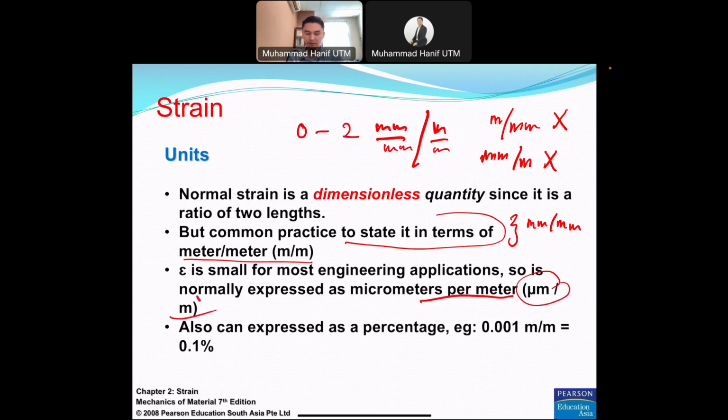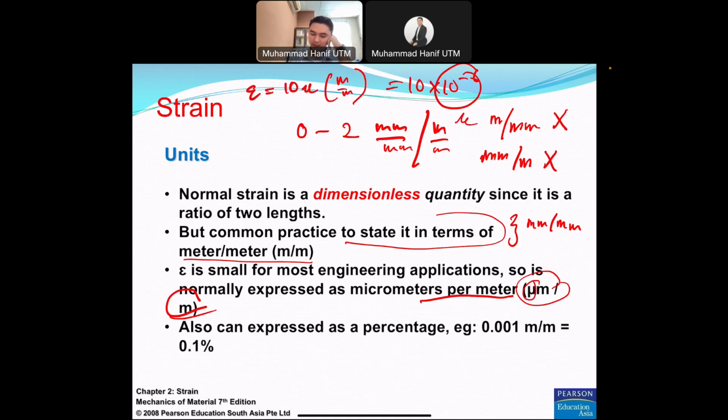Micrometer per meter. Okay, right, but the good way of writing is like this. If you have the value of 10, the micro should be outside from the unit. So normally you will have this value, and this one becomes micro.